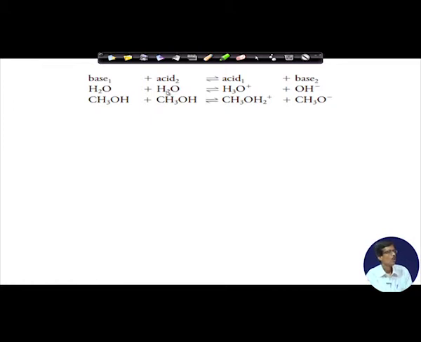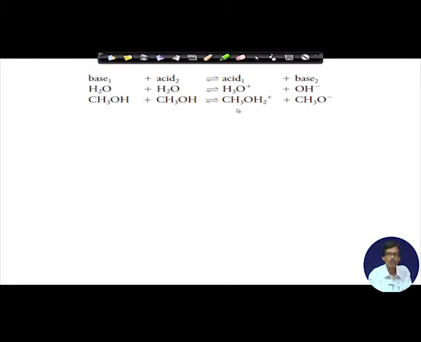So, what we discussed in the previous class, that this is the corresponding conjugate base. So, H2O will give you the corresponding conjugate base, which is hydroxide ion. Similarly, this base we are considering is accepting the proton, giving you the corresponding conjugate acid as H3O plus.